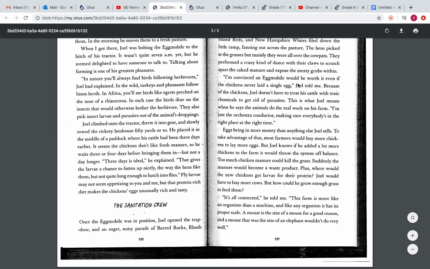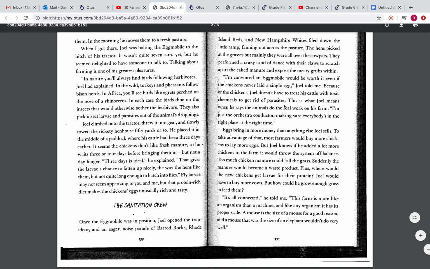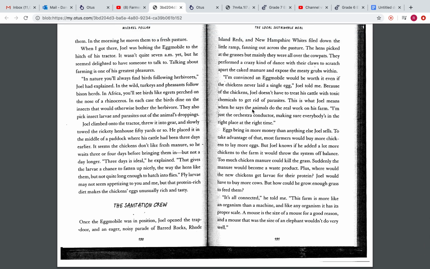"I'm convinced an Eggmobile would be worth it, even if the chickens never laid a single egg," Joelle told me. Because of the chickens, Joelle doesn't have to treat his cattle with toxic chemicals to get rid of parasites. This is what Joelle means when he says the animals do the real work on his farm. "I'm just the orchestra conductor, making sure everybody's in the right place at the right time."